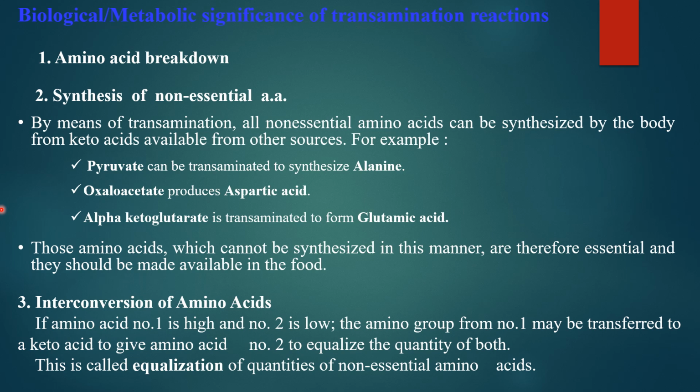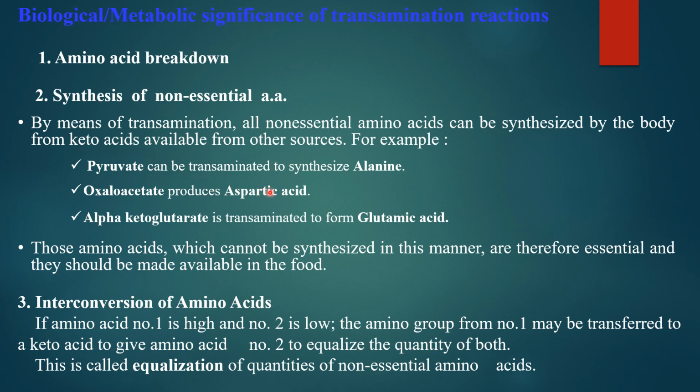So what is the biological and metabolic significance of transamination reaction? First important is that it leads to the breakdown of amino acids, and second is synthesis of non-essential amino acids. You have seen in the previous many examples that different kinds of keto acids can be converted into another kind of amino acid by simple transfer of amino group, and so this way we can synthesize non-essential amino acids as well as keto acids, which are necessary in various metabolic reactions.